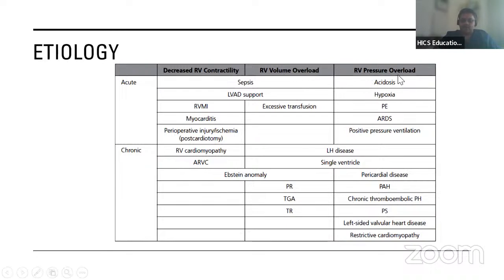Metabolic acidosis can cause RV pressure overload and acute dysfunction. Any hypoxemic condition can cause pressure overload. RVMI, transfusion-related acute lung injury, myocarditis, and post-cardiotomy syndromes can contribute to RV dysfunction by compromising the RV contractility and causing volume overload. And inappropriate settings on mechanical ventilation can themselves increase the RV pressure and trigger RV dysfunction.